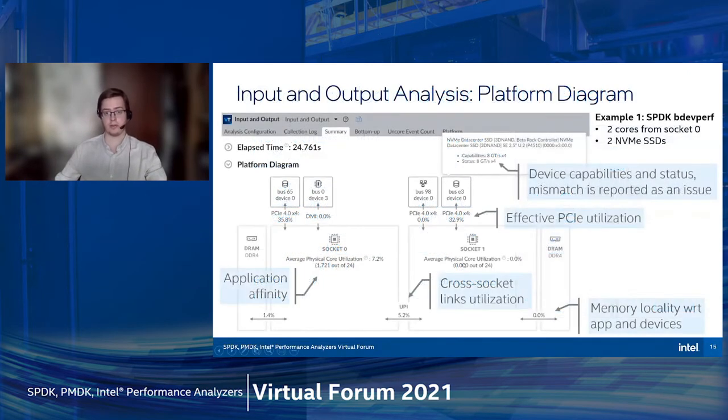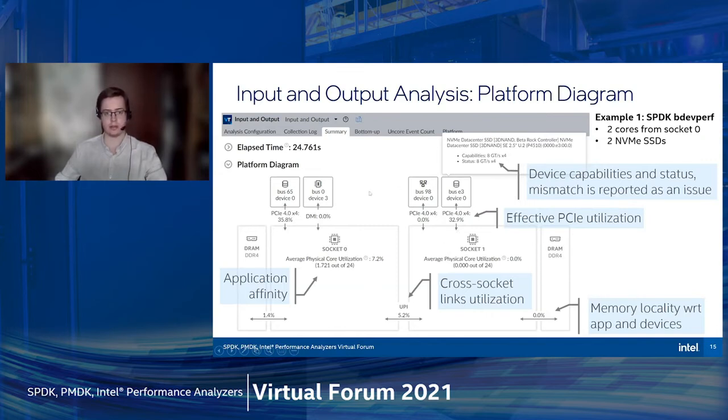So let's take a look at how it looks in VTune. In this first example, we have a result captured for an SPDK application that interacts with two NVMe drives, two NVMe SSDs. The input and output analysis starts with a platform diagram.